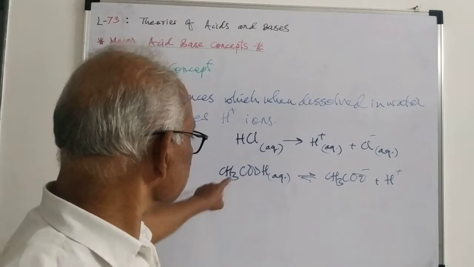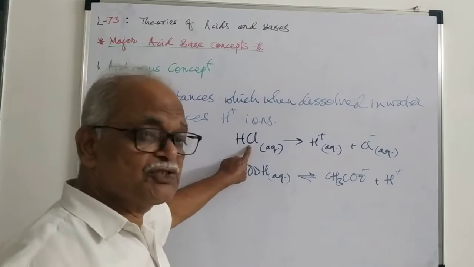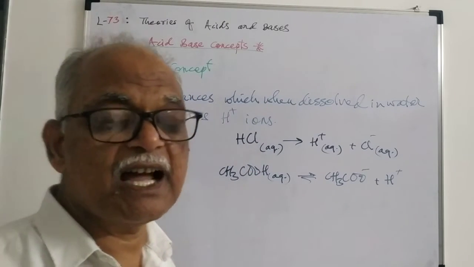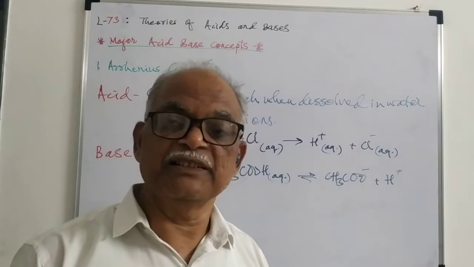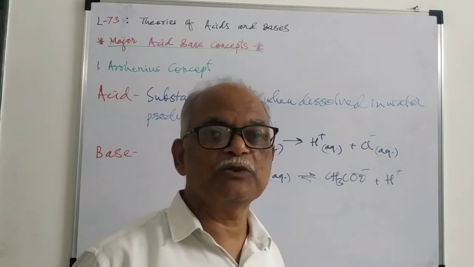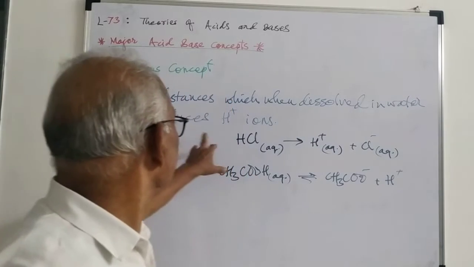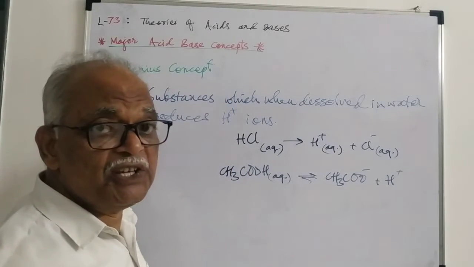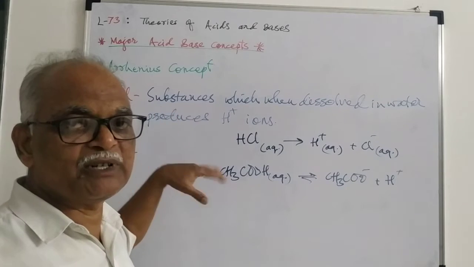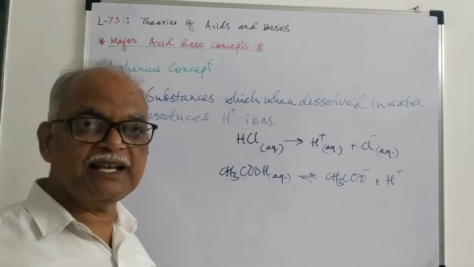So HCl, HNO3 and so on have a tendency to release H plus when dissolved in water, and that is why, according to Arrhenius, they are defined as acids.